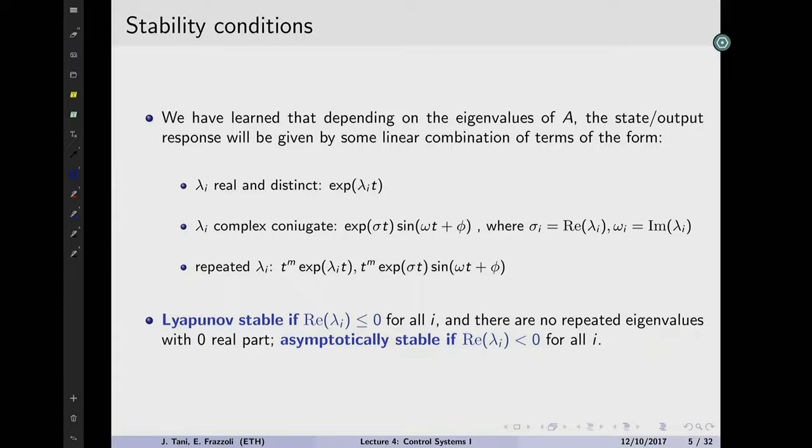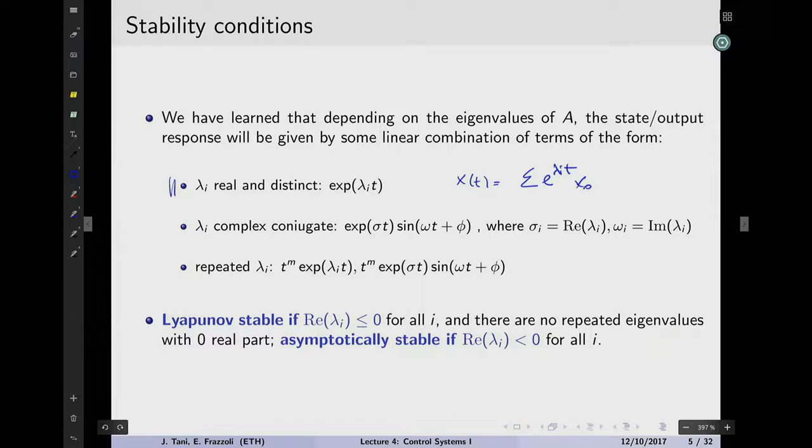We saw that depending on the structure of the A matrix, so what kind of eigenvalues it has, if they are real and distinct, or complex conjugate, or repeated, so not distinct, the state evolution, and therefore the output as well, could be expressed as a sum of particular terms. In the case of all the eigenvalues of A being real and distinct, it was really nice, because the state could be expressed as a summation of e to the lambda_i t times x naught.